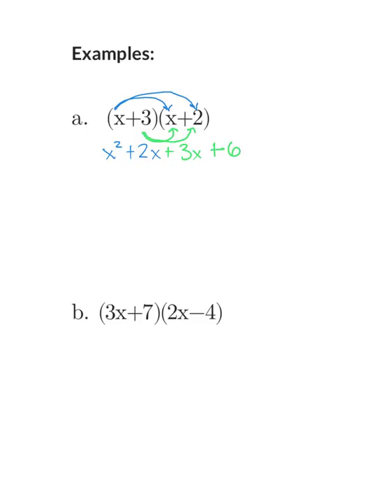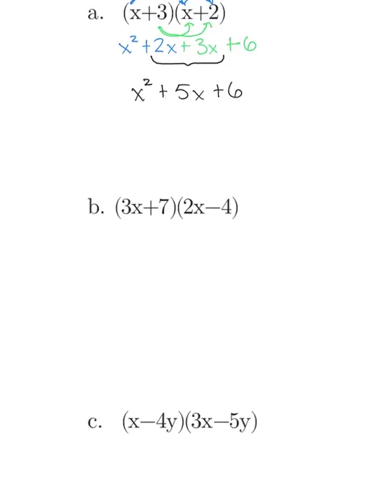Our last step, as I said, is we do want to combine like terms. In general, if you can, it's probably just going to be the two middle ones here. So we are left with x squared. 2x and 3x combine to give us 5x. And we still have our plus 6. And that's basically it for what it means to multiply two binomials.